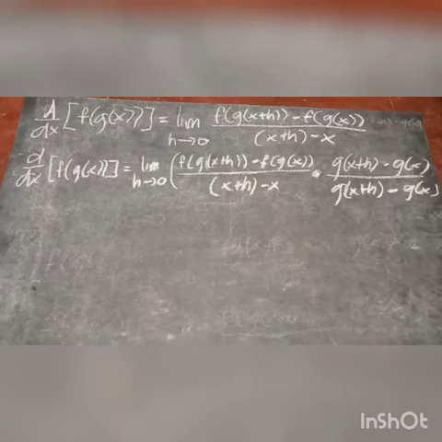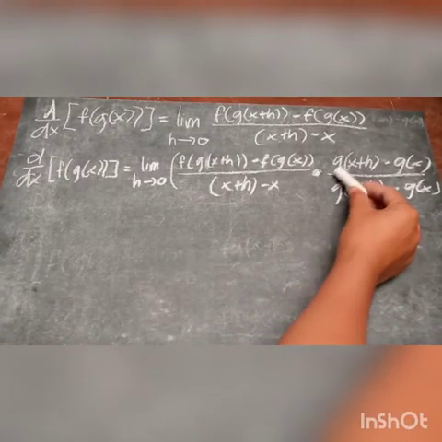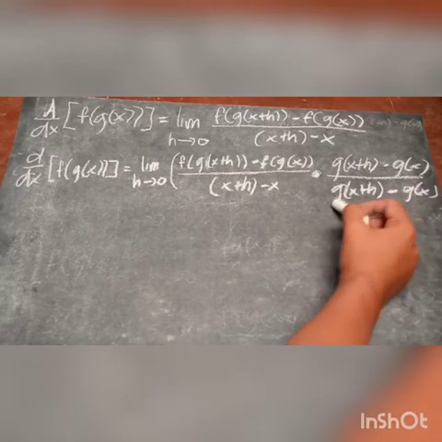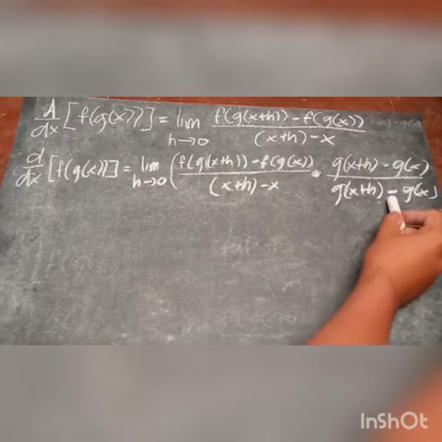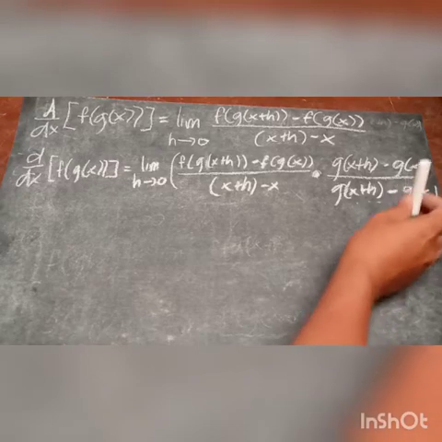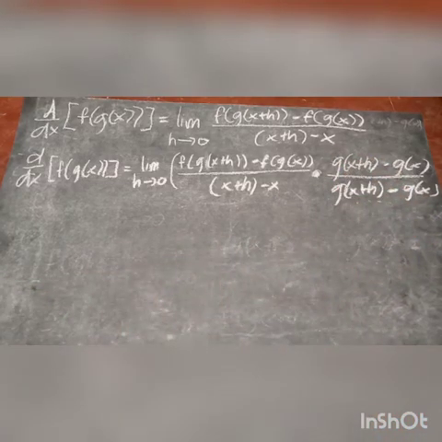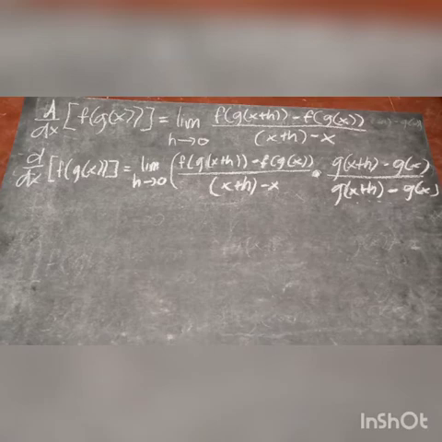So in this proof, we are going to multiply by g of x plus h minus g of x over g of x plus h minus g of x, because when we multiply this fraction, it is equal to 1.